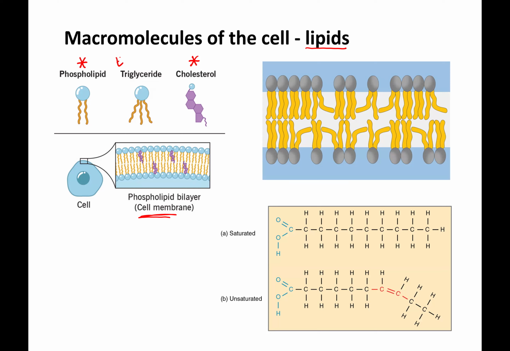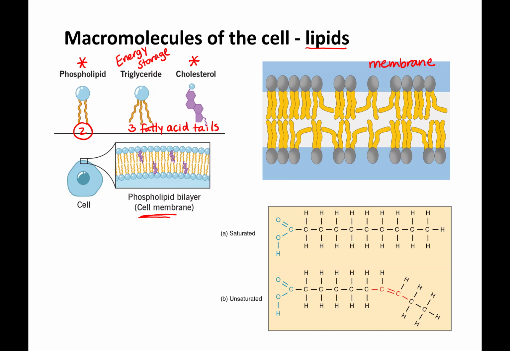Triglycerides are really for energy storage. And the difference is you can see three, what we call fatty acid tails on triglycerides. Phospholipids always have two.